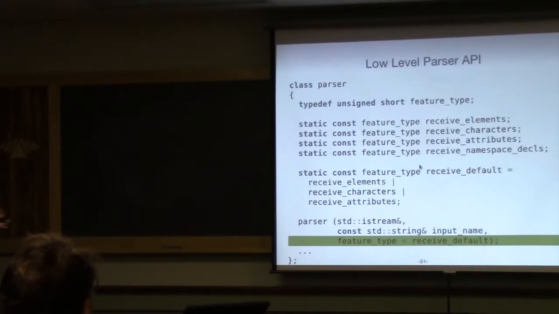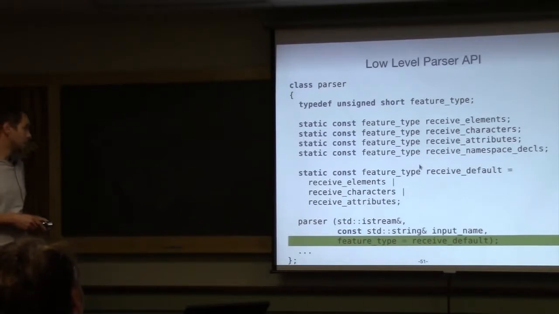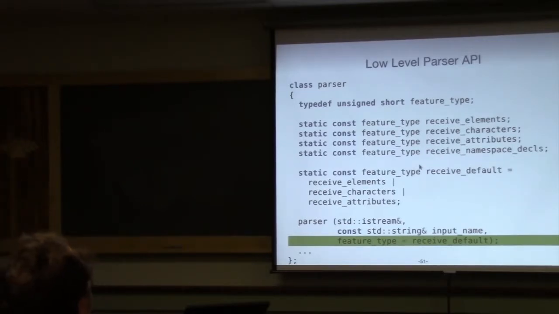Okay, we have a question. Was there a reason that you used unsigned short for that? Is this supposed to be a bit flag, on and off kind of thing? So the question was, why did I use unsigned short, and is it a bit flag? The answer is, yes, it is a bit mask, so you combine them with an OR operator. Why unsigned short as opposed to, say, a standard bitset? Easier and simpler.